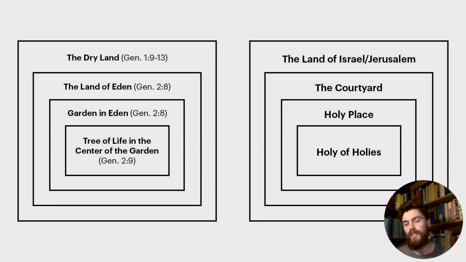And the point of that is to convey that the tabernacle and the temple was set up in a similar way. The land of Israel outside the temple courts, the courtyard as the sacred land, the holy place as the garden temple itself, and then the Holy of Holies being the central focal point of that holy place, like the tree of life and God's presence. So that's one way of envisioning the connection between Eden and the tabernacle and later the temple.